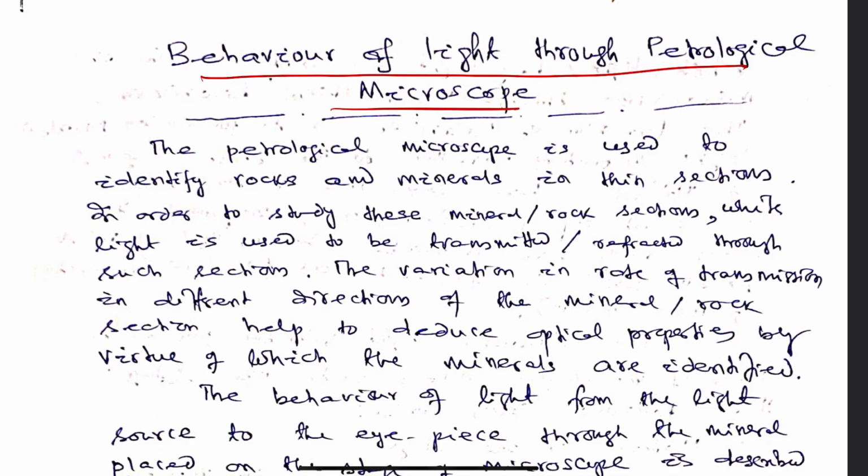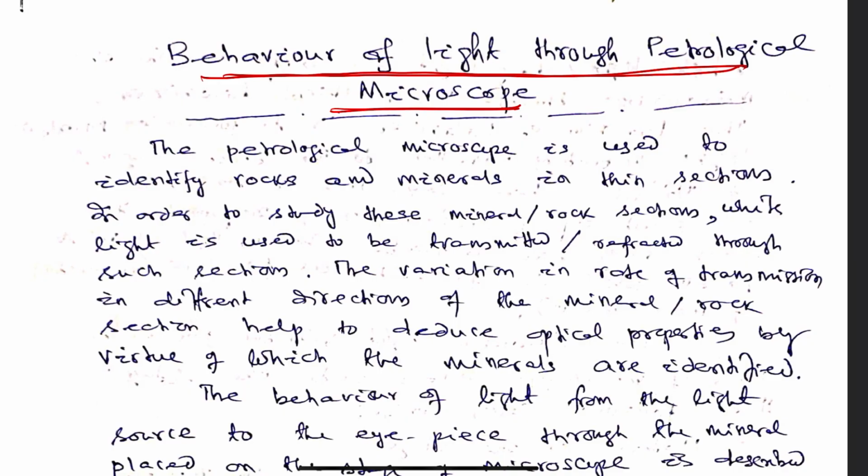How the light passes through the petrological microscope from the mirror through the mineral up to the eyepiece, and what happens to the light rays when it passes through this path. That is what is to be discussed.